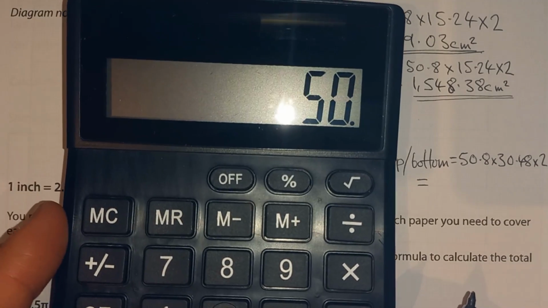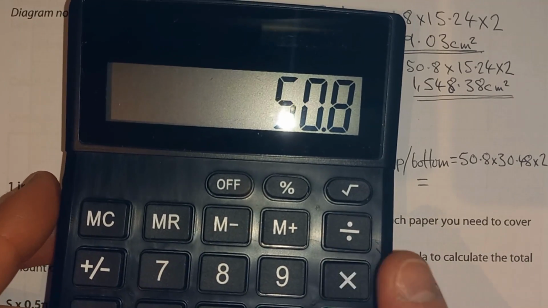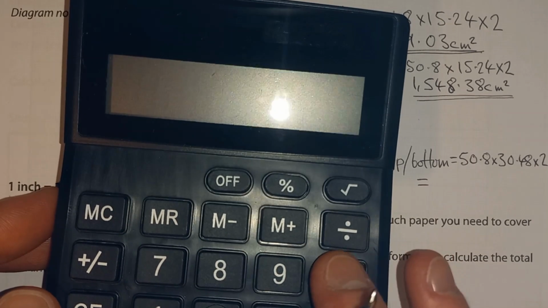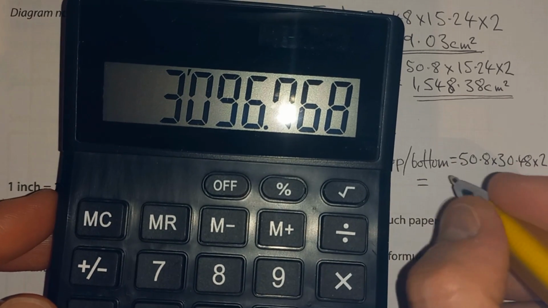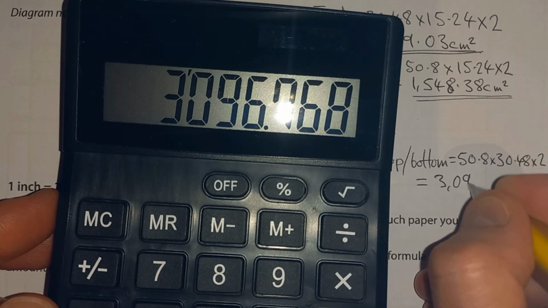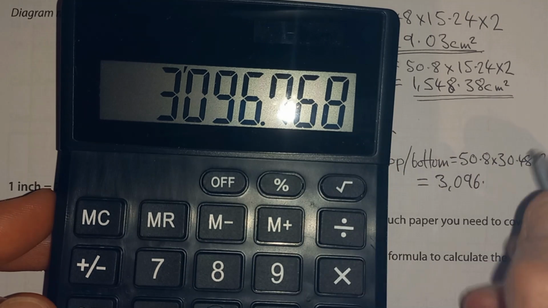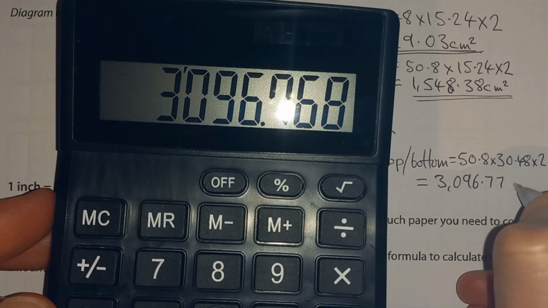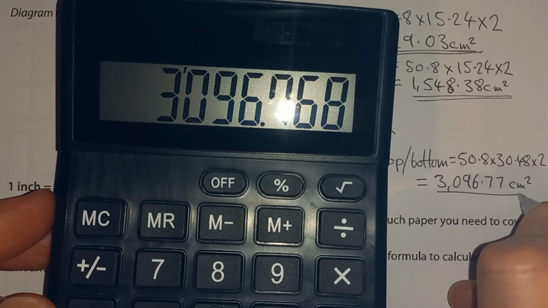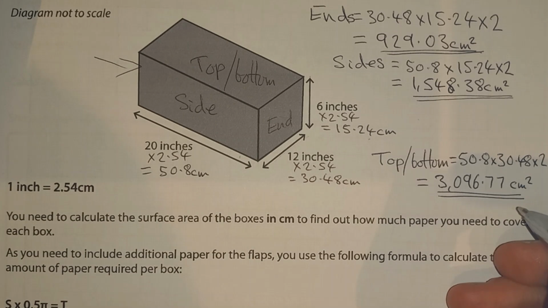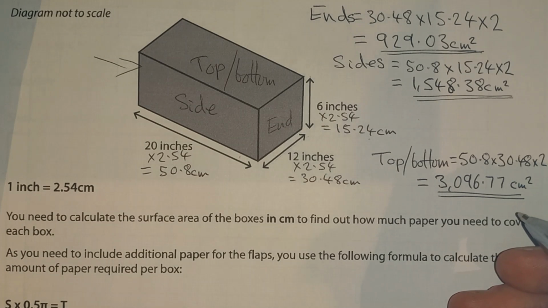So 50.8 times 30.48 times 2. And we've got 3096.76, but this is more than 5, so we're going to make it 0.77. Right, so we've got these three measurements here. Let's just see, that all looks good to me.